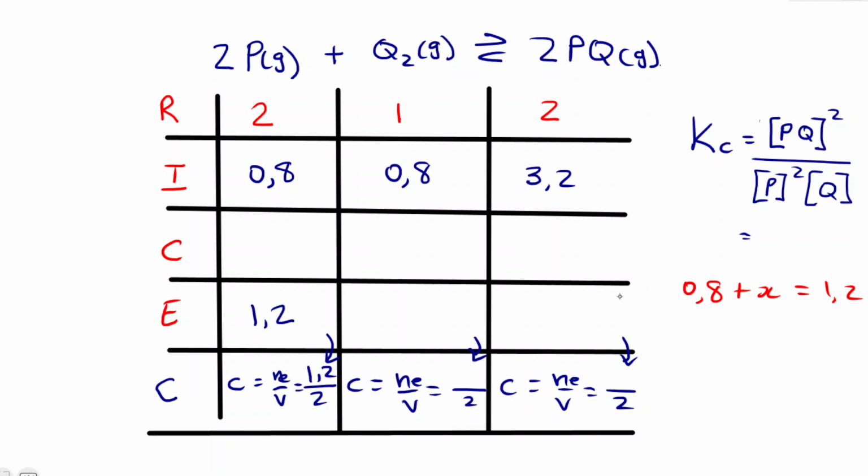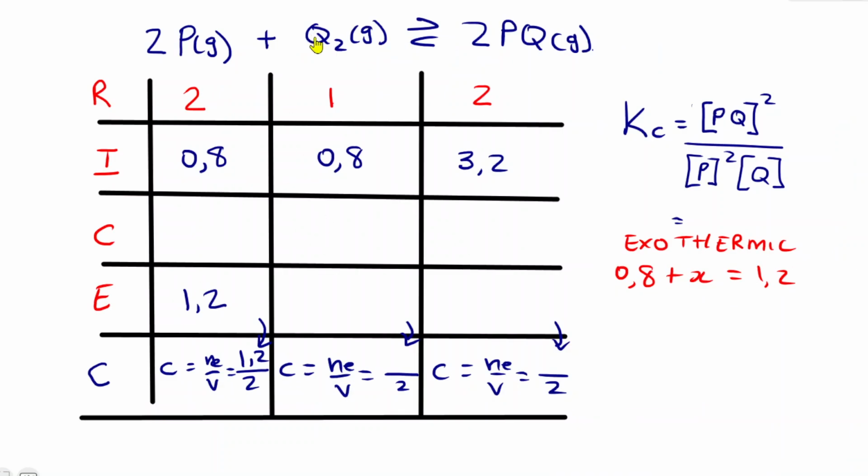Now remember, in this calculation, because we are dealing with the exothermic reaction, on the left hand side, in other words on the side of the reactants, we're going to say plus and plus.